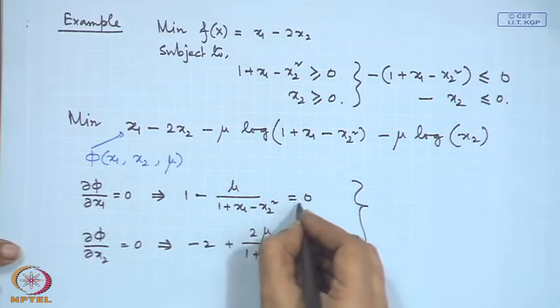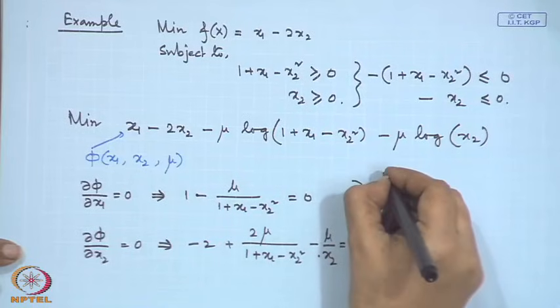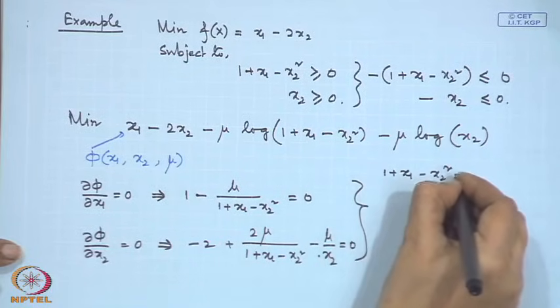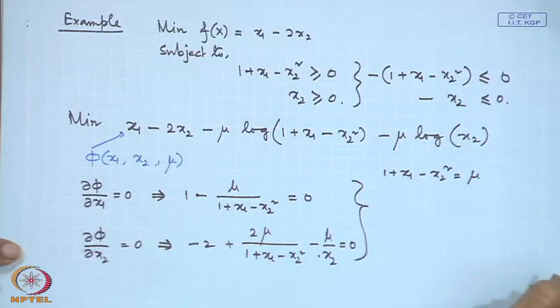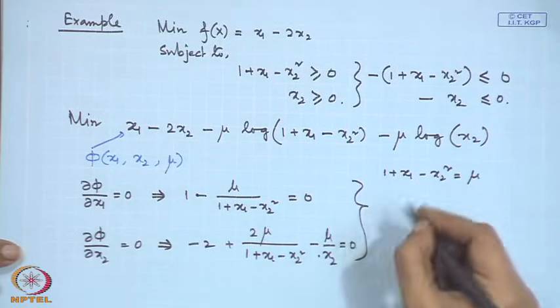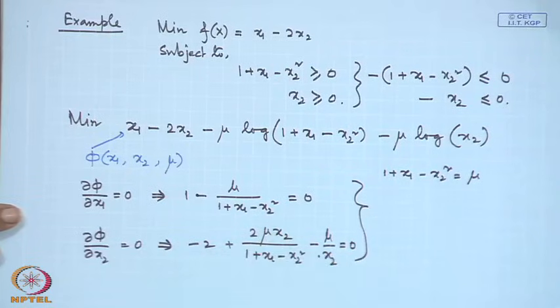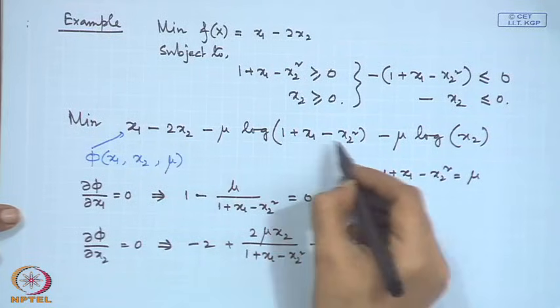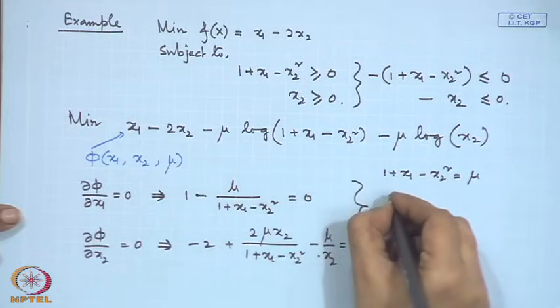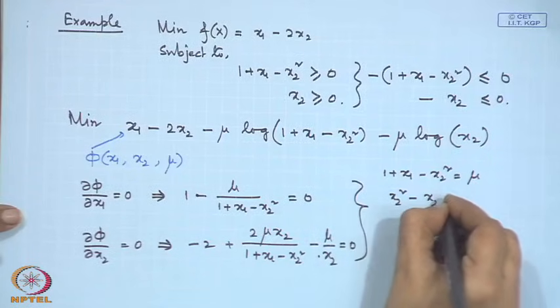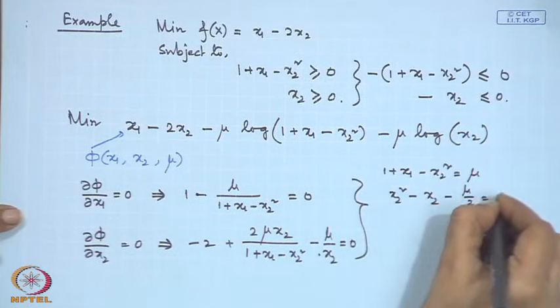From the first equation we get 1 plus x1 minus x2 square equal to mu. If we substitute this value into the second equation, we get one equation: x2 square minus x2 minus mu by 2 equal to 0.